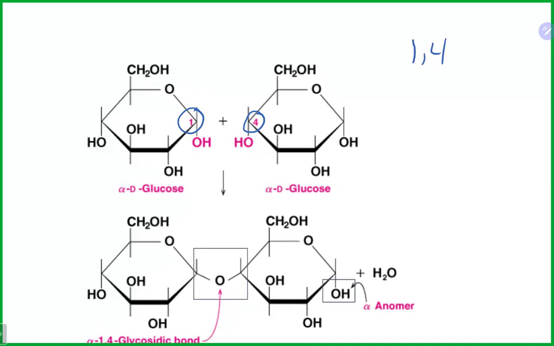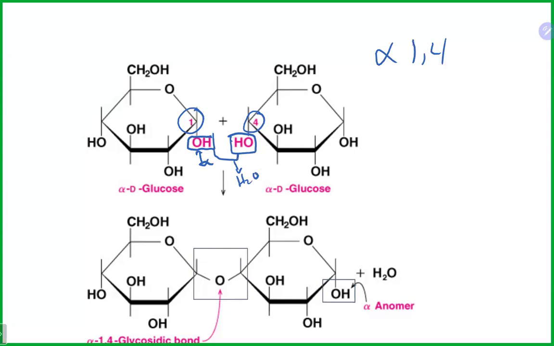When we take a look at carbon number 1, that OH is in the alpha position, which is where the alpha in the name of this glycosidic bond comes from. So we're going to bond these together and take out water. H2O is going to come out.